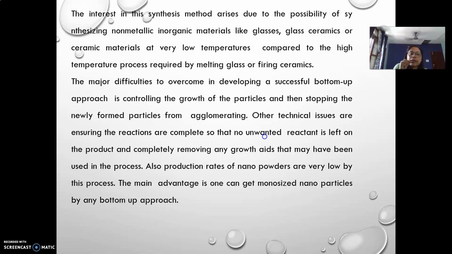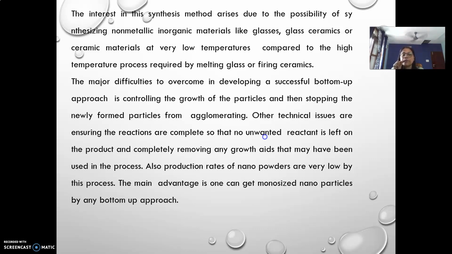And there are some other technical issues also in creating nanomaterial by bottom-up synthesis. These sometimes give us unwanted results compared to the ones we were expecting. One such issue is that some reactant may be left over on the product.